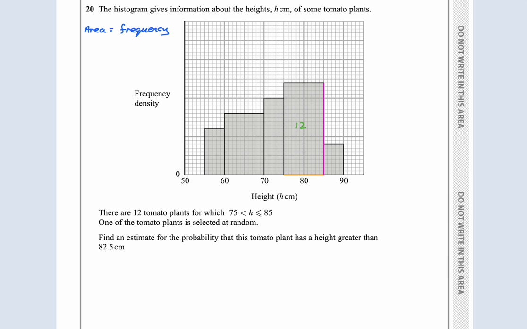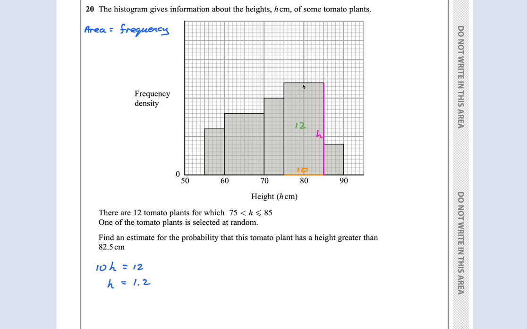Okay, so that means, look, the base here is 10 because it goes from 75 to 85. So that base is 10, and that pink thing, I don't know what it is, but I would like to know, because then I can actually fill in my frequency densities here. So I can find it easily, because I can say that 10 times h, or 10h, is equal to 12, because our area of a rectangle, 10 times h equals 12, and therefore h is 1.2.